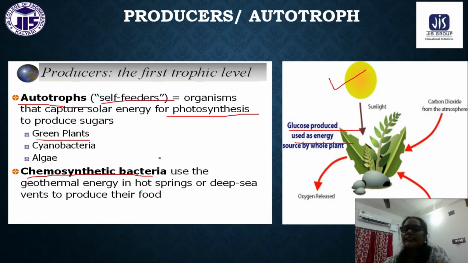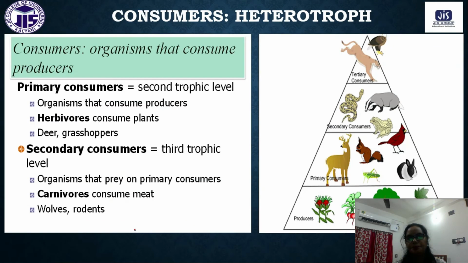They are also called self-feeders. And some bacteria, chemosynthetic bacteria, by chemical reactions like oxidation and reduction reactions, can produce their own food also. They use geothermal energy in hot springs or deep sea vents to produce their food. That is called chemosynthetic bacteria.